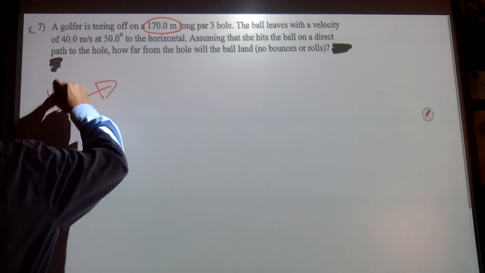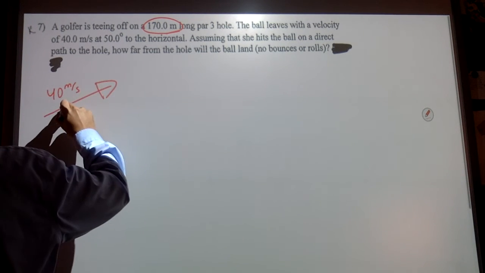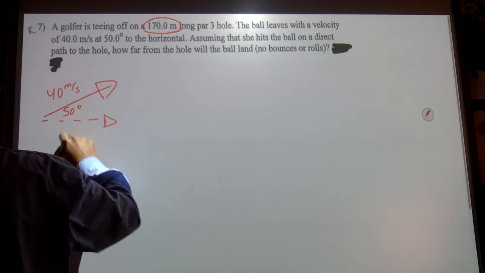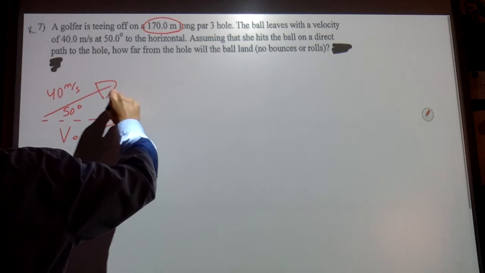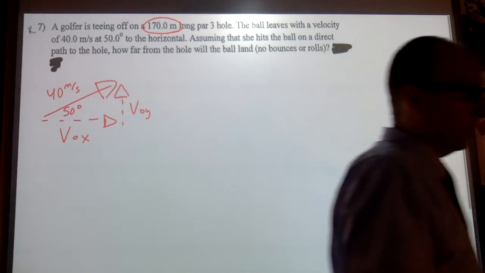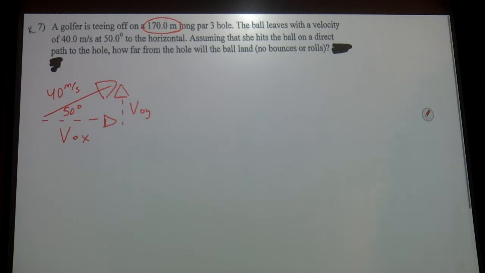start with my arrow, which is 40 meters per second, and what my angle is, and I'm going to find out the two vectors that could replace this real vector that will make it unchanged. One that does the same thing in the x direction, one that does the same thing in the y direction.